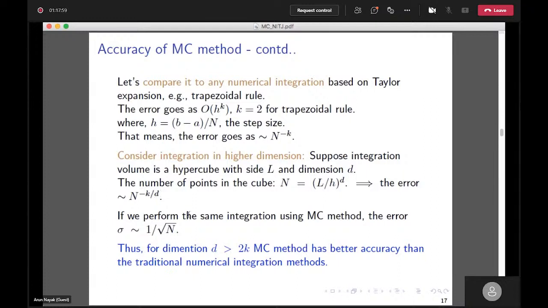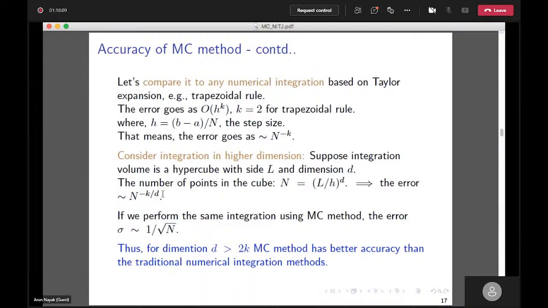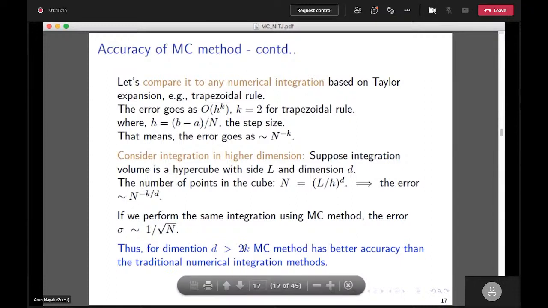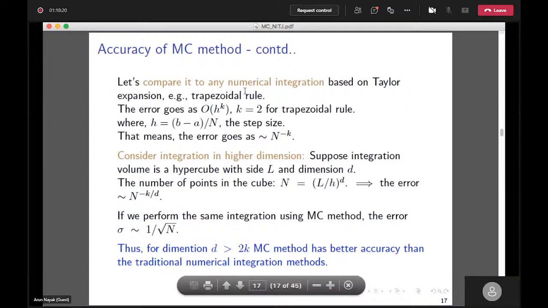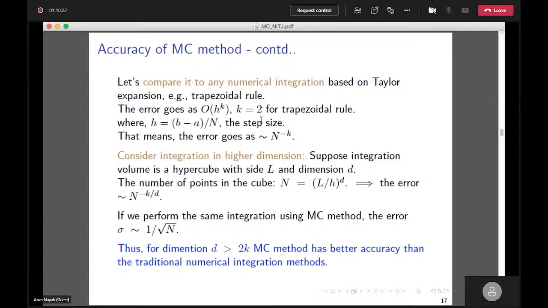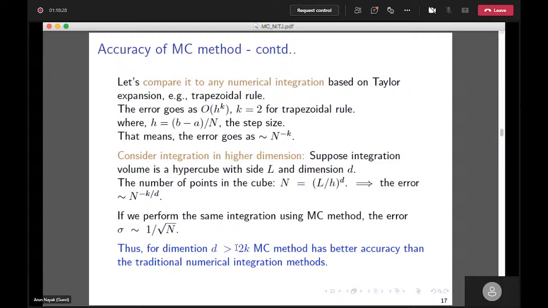Now, if we perform the same integration using the Monte Carlo method, the error will still go like 1 over square root of n. It doesn't depend on your dimension. So when d is larger than, say, twice k, if we use, for example, the trapezoidal rule for higher dimension variables, it will be worse than the Monte Carlo method.